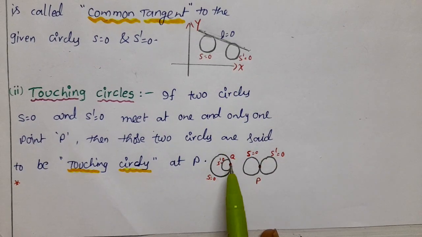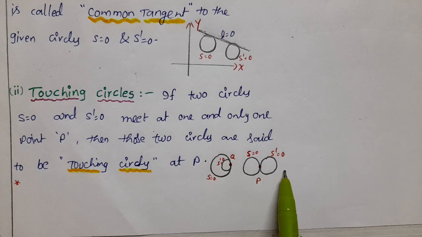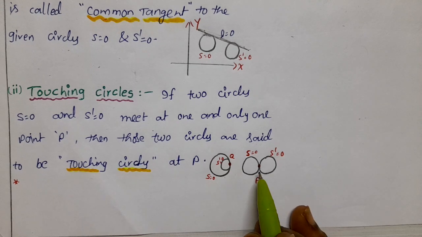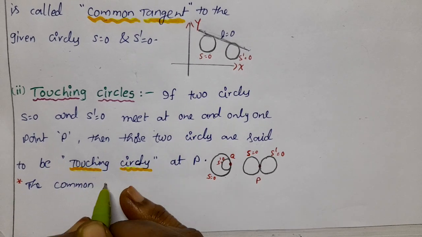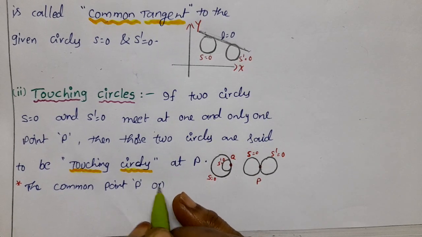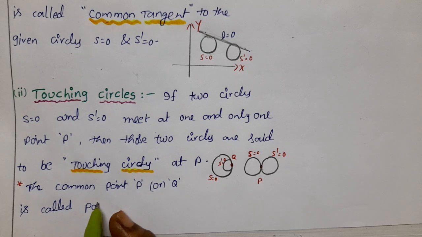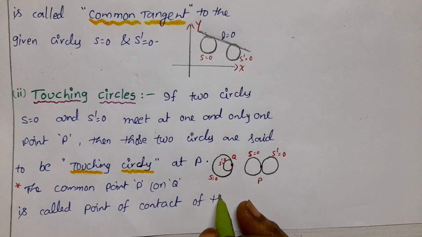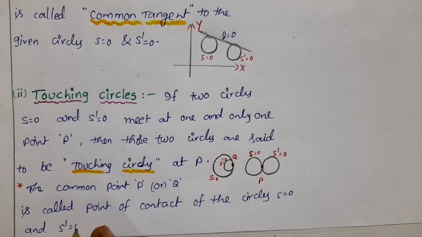If two circles S equal to 0 and S dash equal to 0 meet at only one point P, then those two circles are said to be touching circles at P or here Q. The point P or Q is called the point of contact of the circles S equal to 0 and S dash equal to 0.